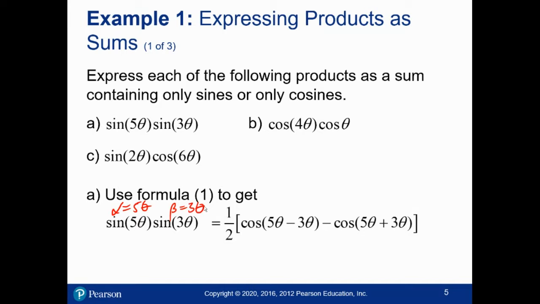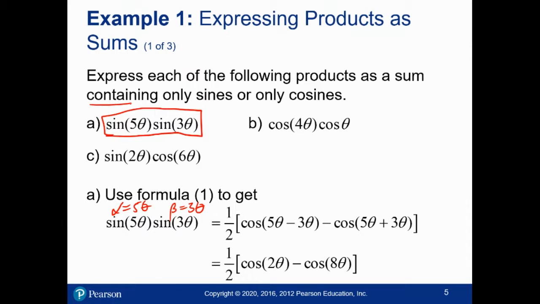I'm just plugging them in, 1/2 cosine alpha minus beta minus cosine alpha plus beta. But now 5 theta minus 3 theta is just 2 theta, and 5 theta plus 3 theta is just 8 theta. So what we did is we took this expression involving a product of sines and rewrote it as something containing only cosines but not a product of different cosines.